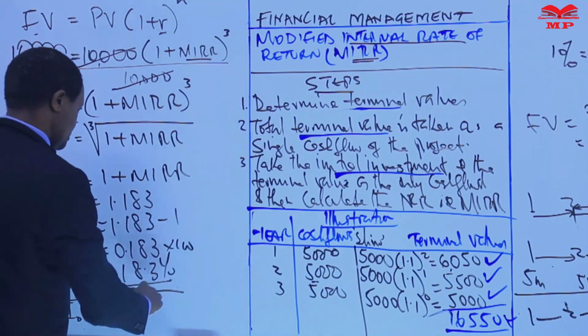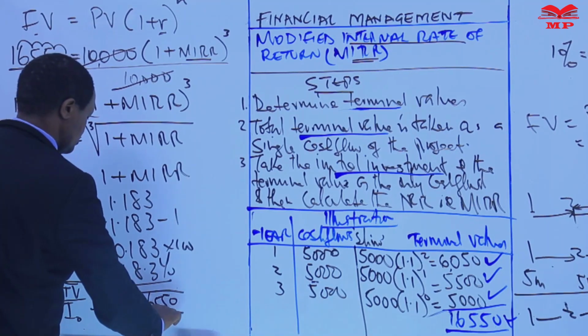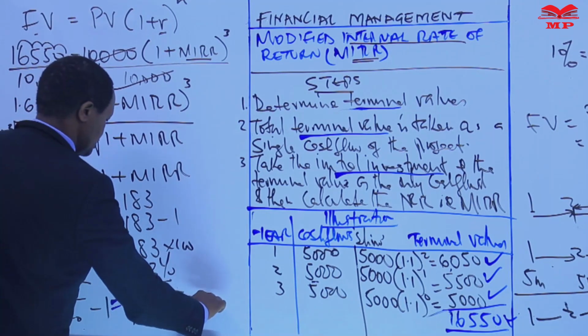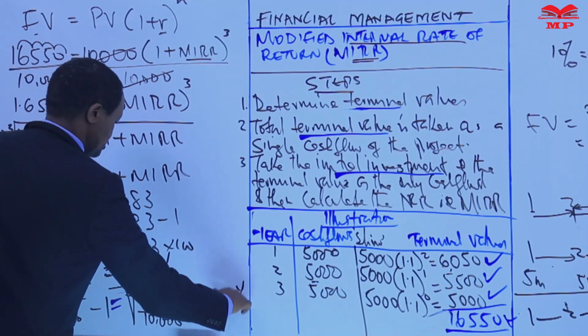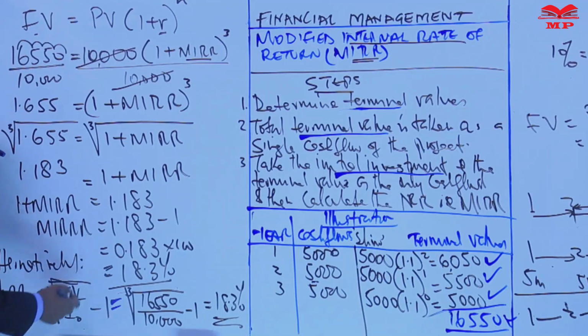Future value here 16,550 divided by 10 million minus 1. Is it still the same as 18.3%? Alternatively, MIRR is equal to the nth root of the terminal value divided by initial investment minus 1. Yes, it's the same.